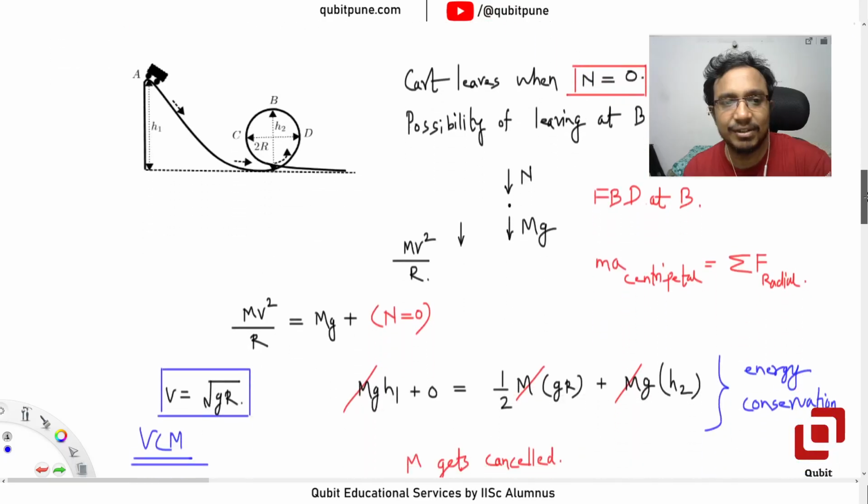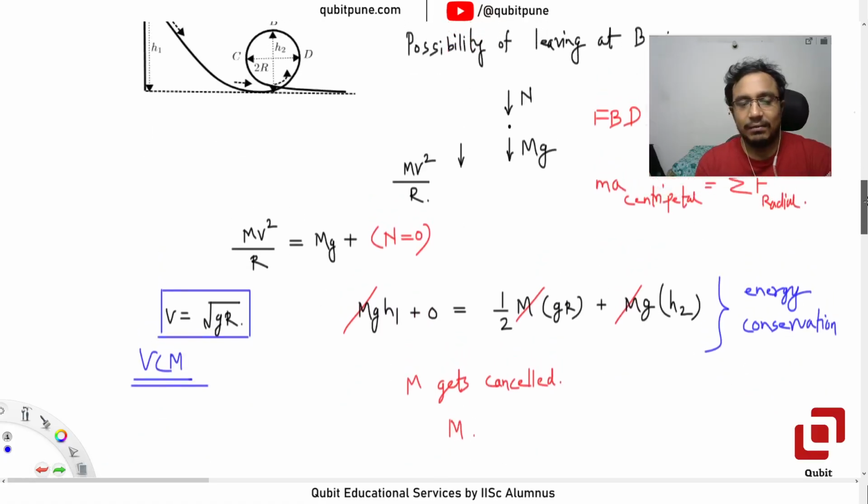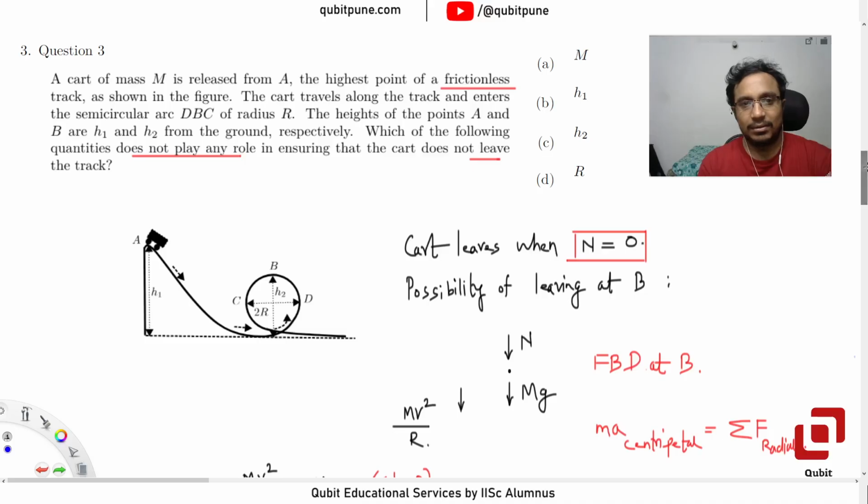This energy conservation was applied between A and B. Although there is an elevation difference, here it has some velocity, so it has kinetic energy. So equate, m automatically cancels, so you'll get other things, and therefore it doesn't depend on m. That is my logic.